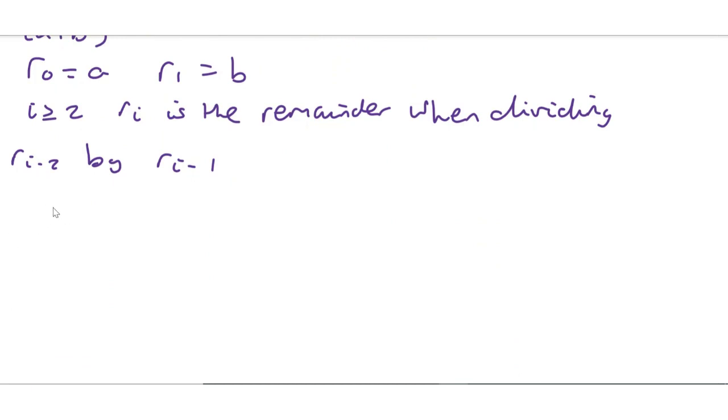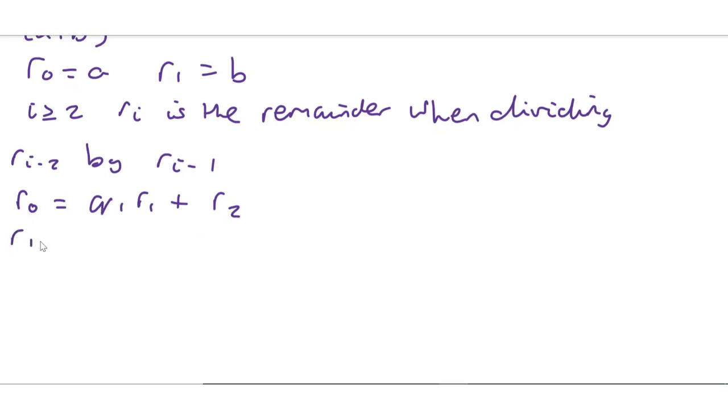So we write a is equal to q1 b plus some remainder, but bear in mind we've called a and b r0 and r1, but that's just for index purposes, because it allows us to write out these relationships a little bit easier. And then once we've done this, following this formula, we keep finding the r's. So we're looking for r3, so we use r2 and r1.